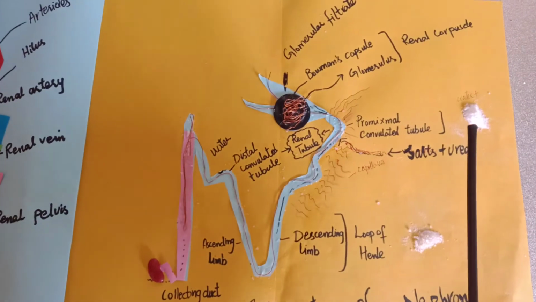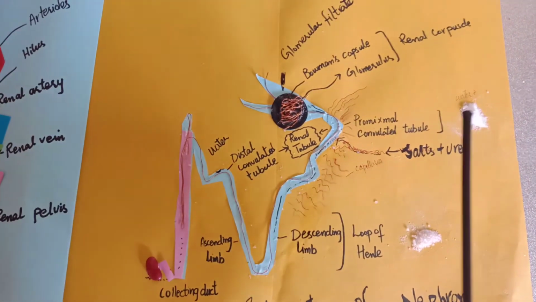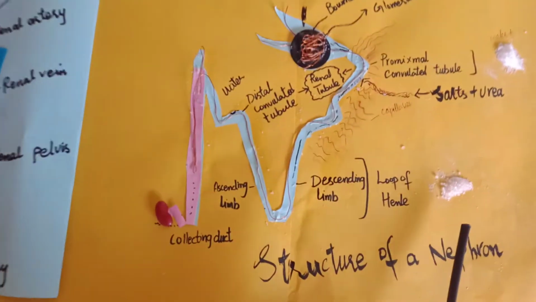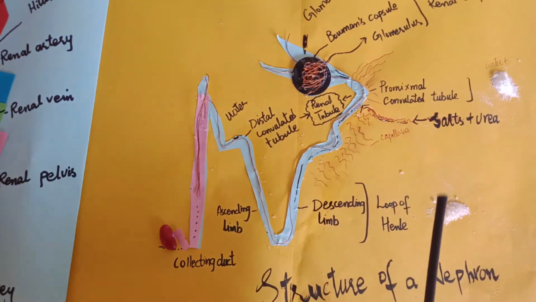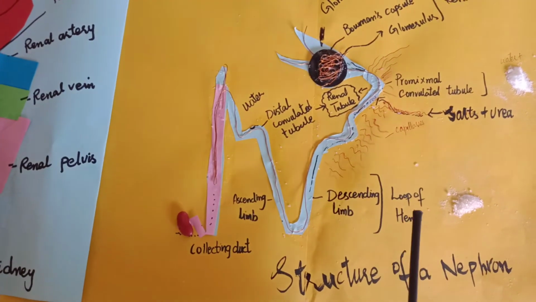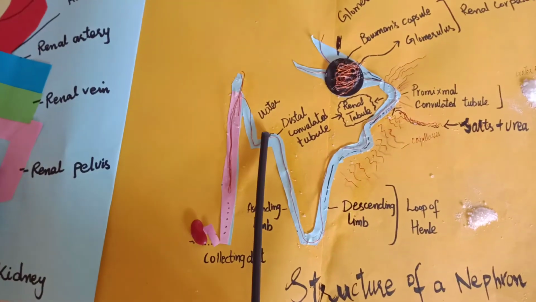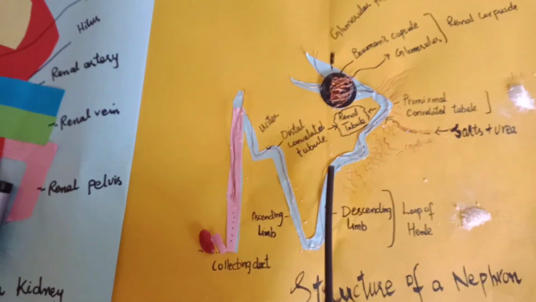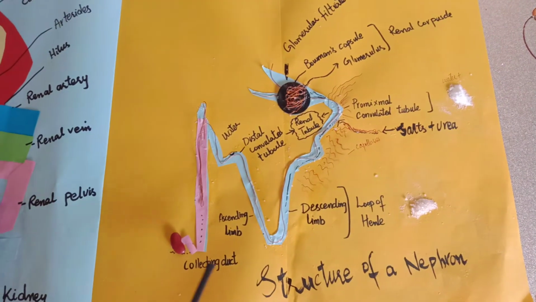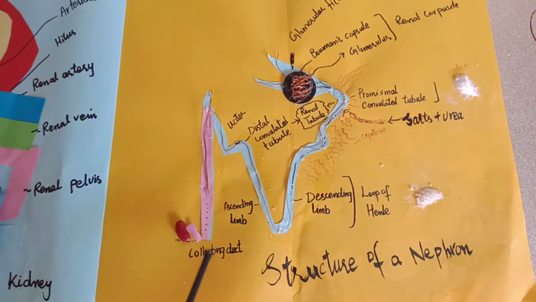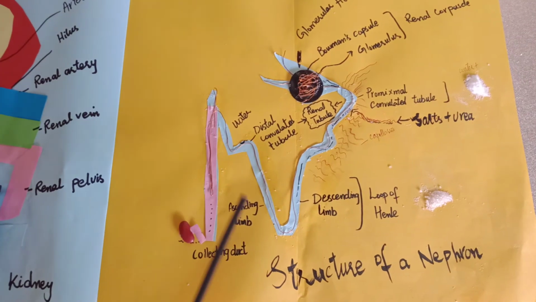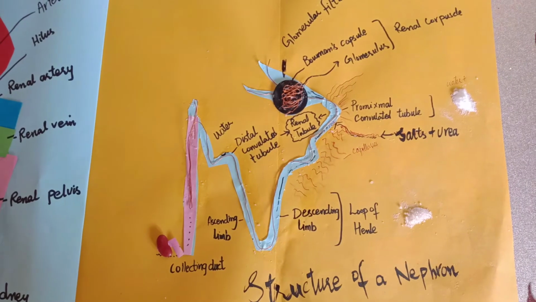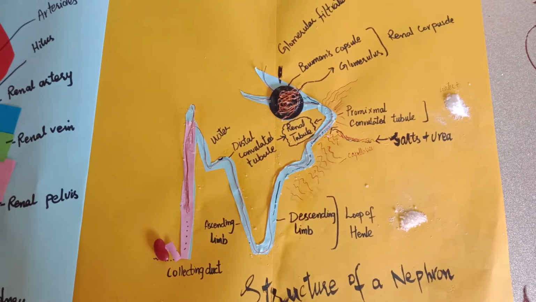Some water and most of the glucose is absorbed from this proximal convoluted tubule, while salts are absorbed through this loop of Henle, and water is absorbed through distal convoluted tubule and this collecting duct. So this was all about reabsorption.